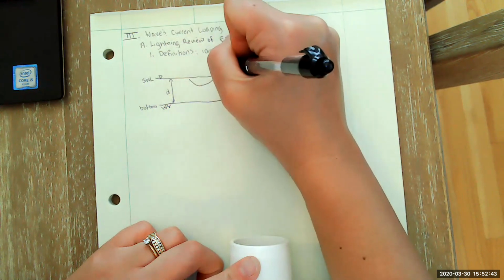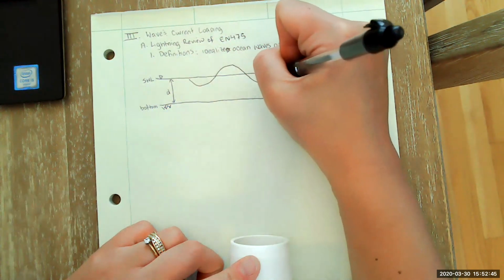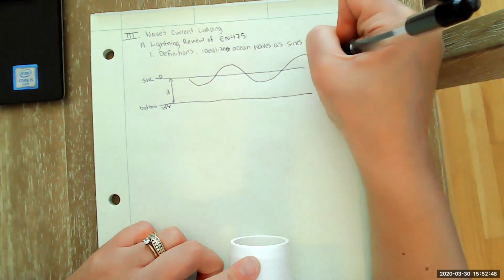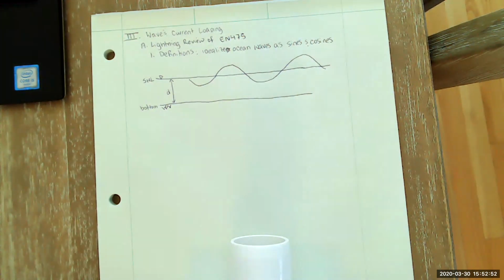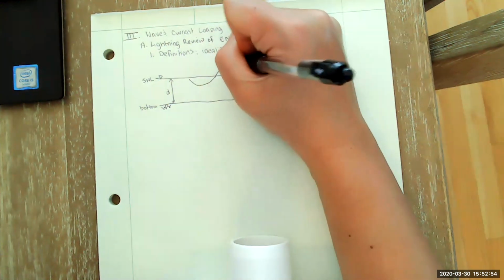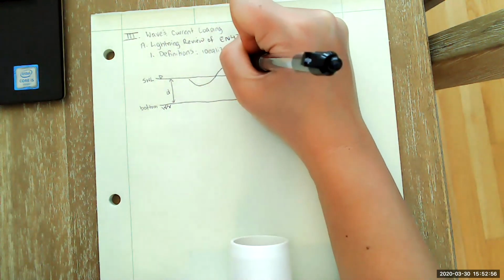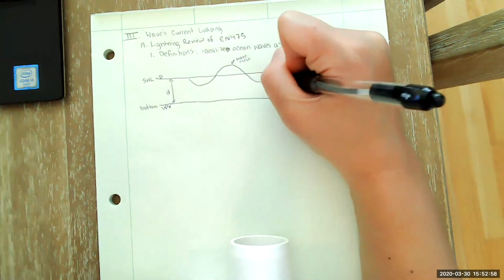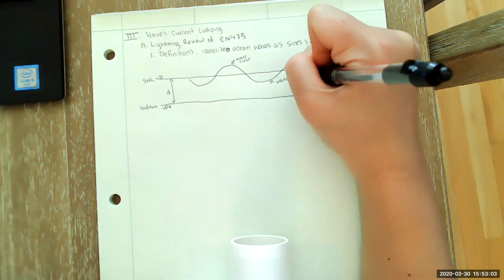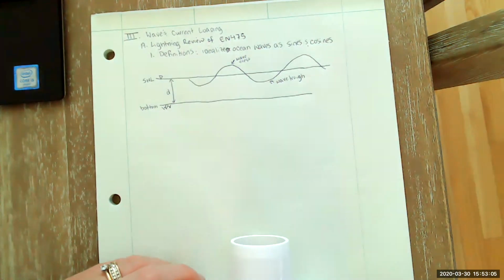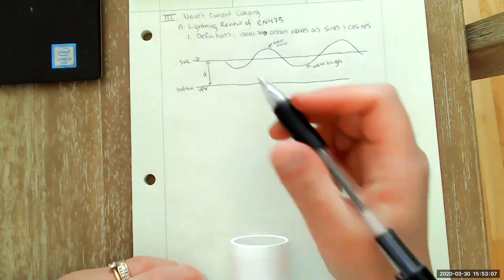So we can draw these nice sine or cosine curves that represent our ocean waves. Again, the top of a wave is called the wave crest. The bottom of the wave is the wave trough. And let's go ahead and add some variables to this sketch as we define some terms.